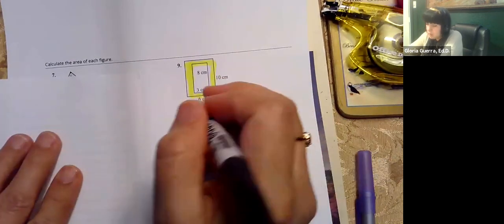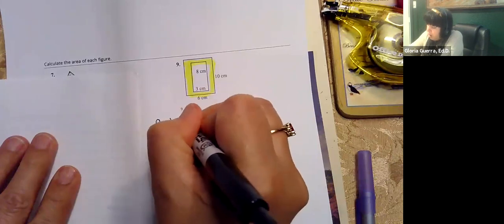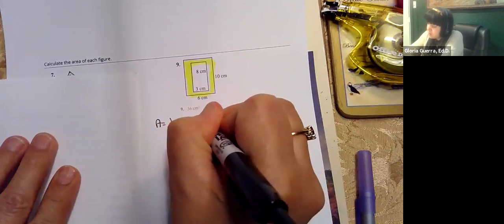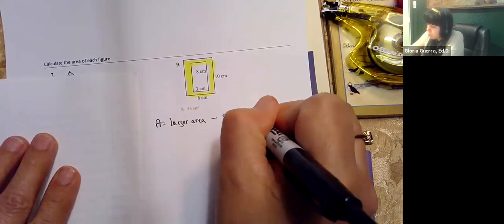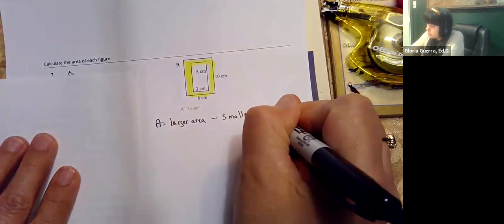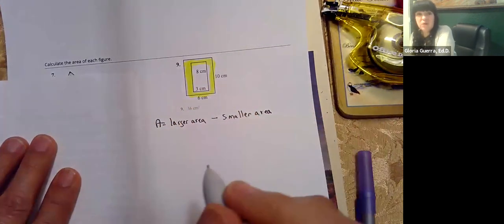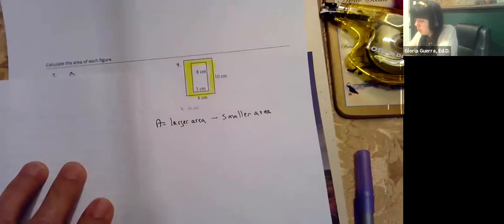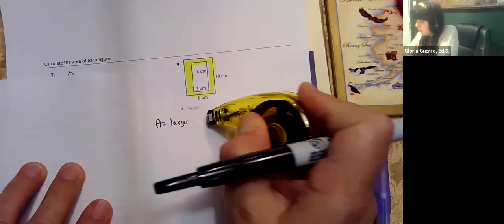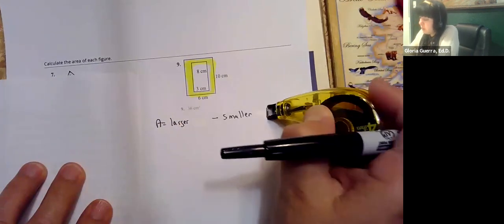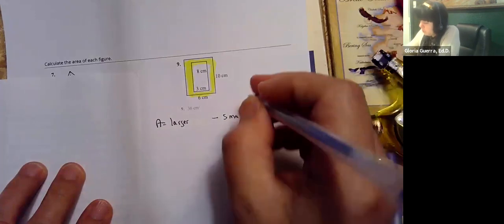So I'm going to say area is equal to the larger area take away the smaller area. I should say the larger rectangle, right? It'd be better: the area of the larger rectangle minus the area of the smaller rectangle. So I should use rectangle.